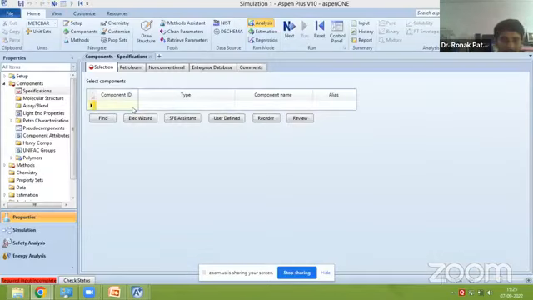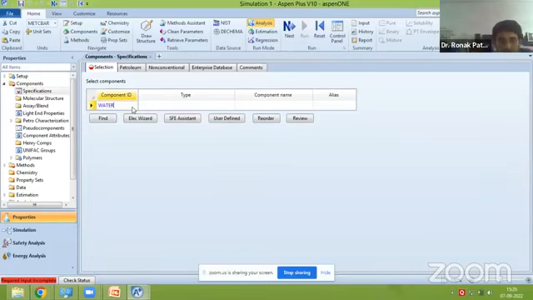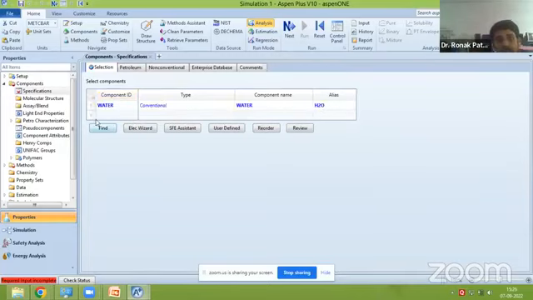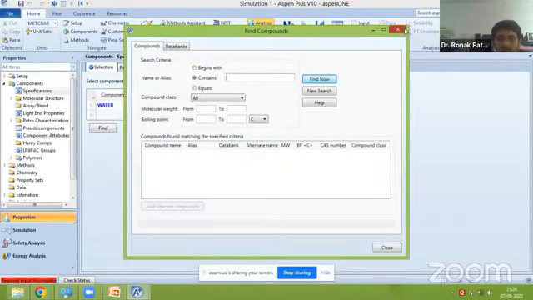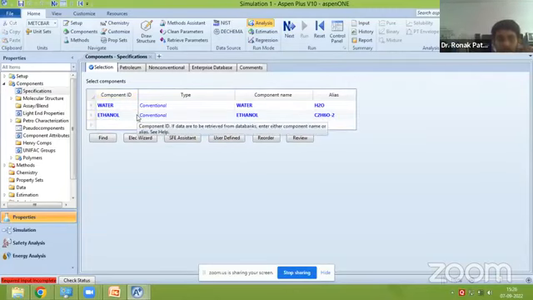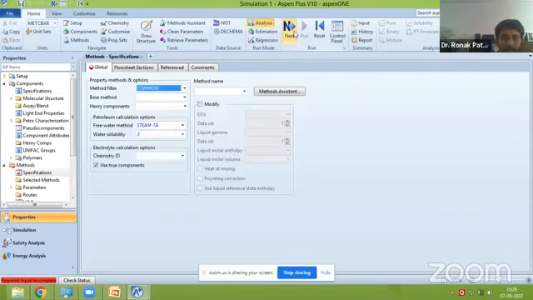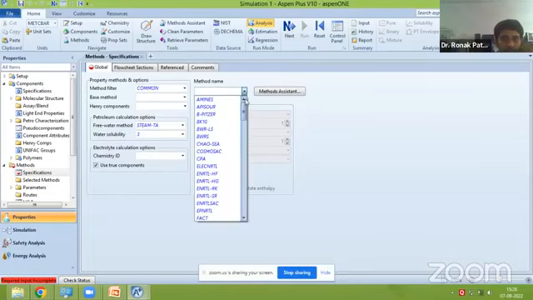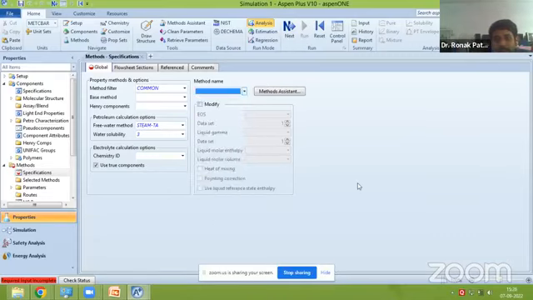Here, for example, I am adding two components, water and ethanol. Next, I go to the next step. In the second tab, it asks which property package you want to select. Sometimes the user doesn't know which property package to select. Then you can go for this Method Assistant.